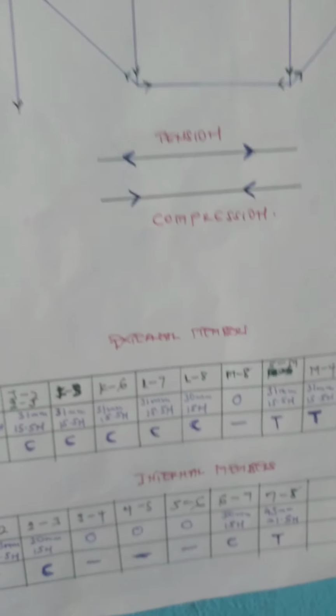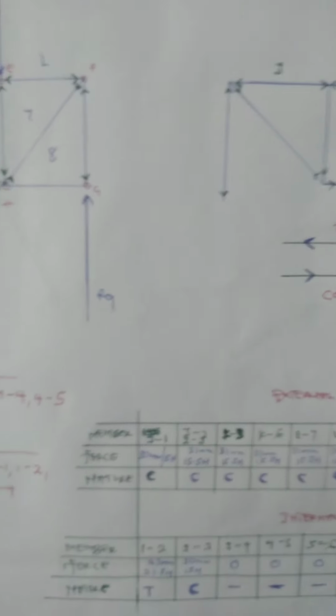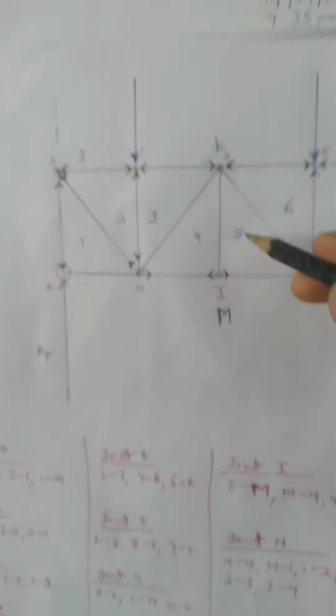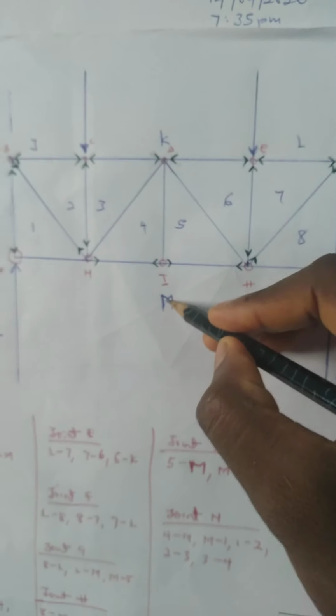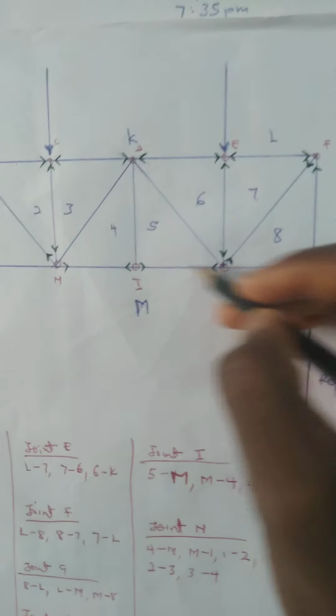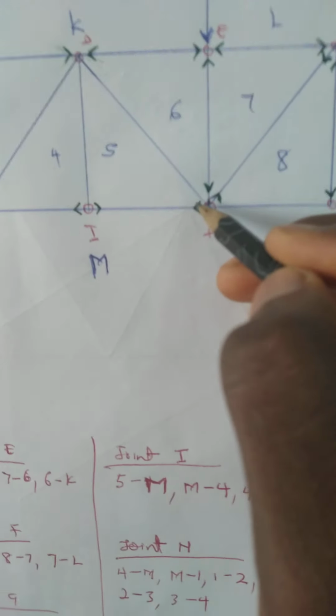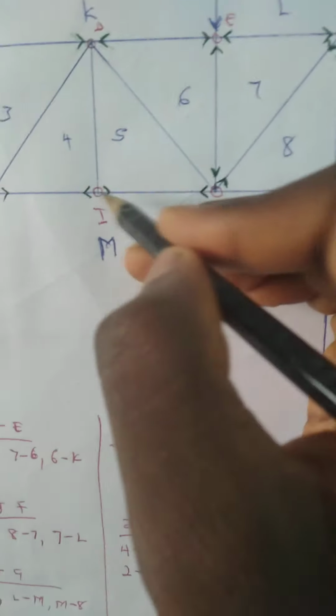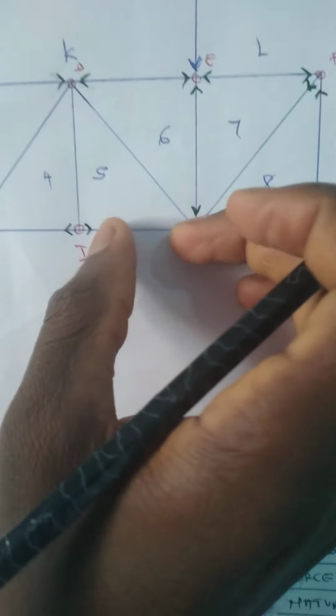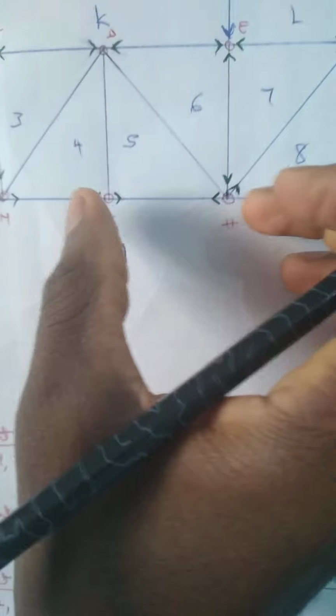Let me look at one member in tension. 5M. Where is 5? This is 5. This is M. So 5M here is in tension. We can see the arrows at this side and at this side coming together. It means the member is exerting a compression force.